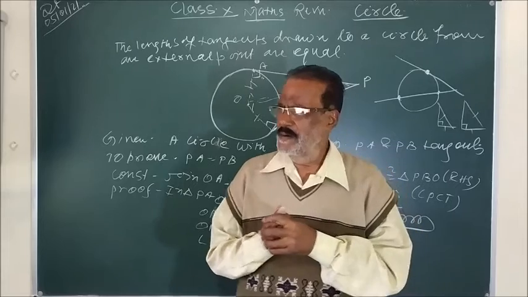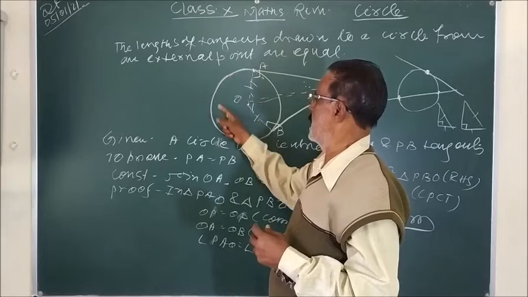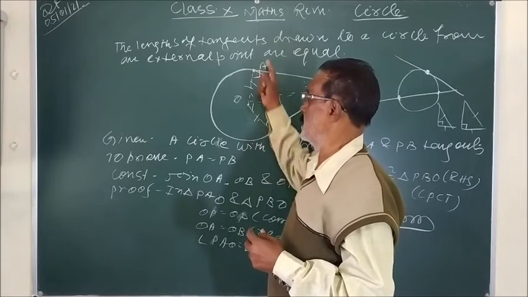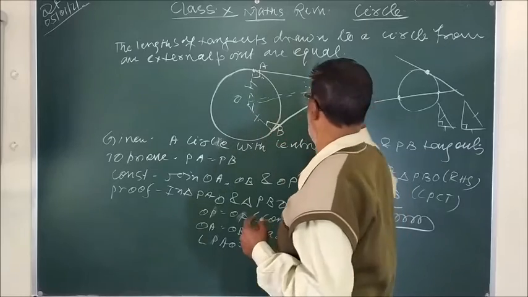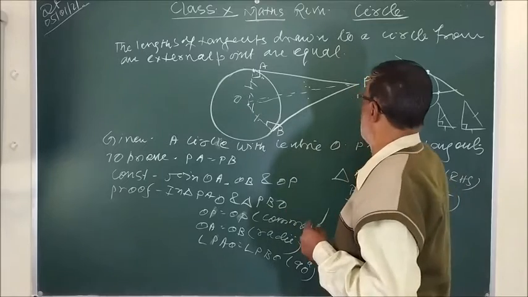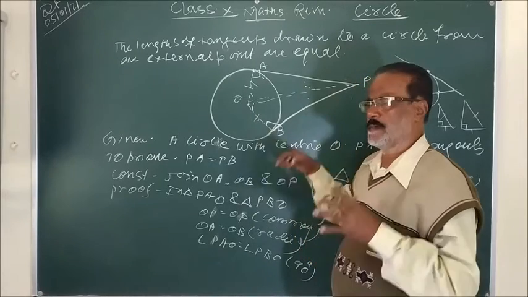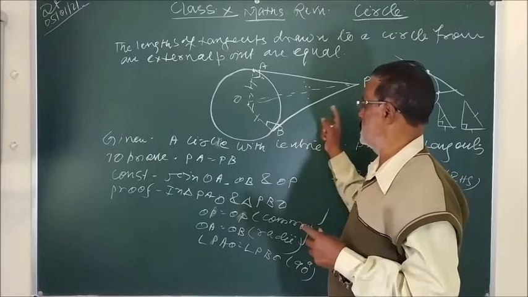Now you will see this theorem. This is a figure according to the theorem. A circle whose center is O, and P is any point outside the circle. And you know, a maximum of two tangents can be drawn to a circle. So we have drawn PB and PA.